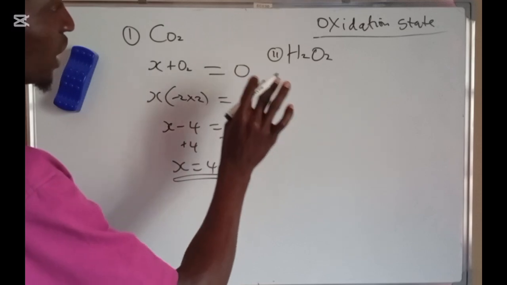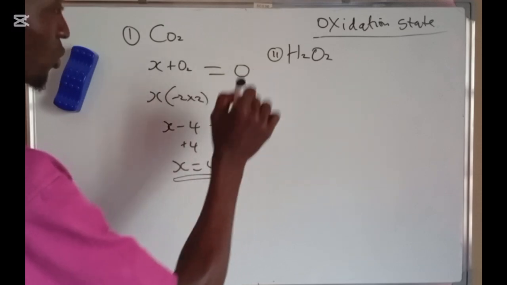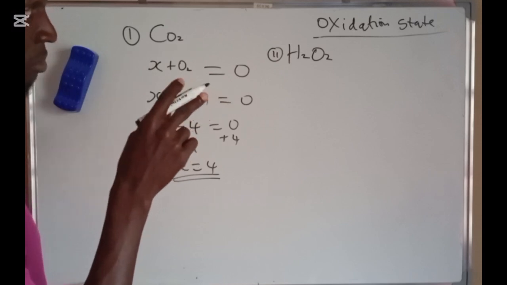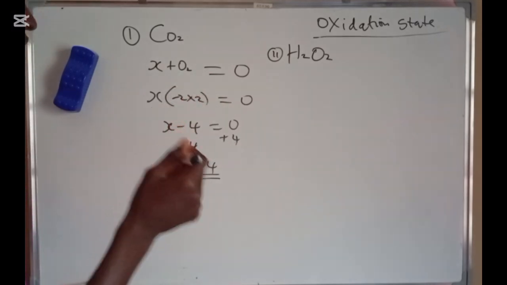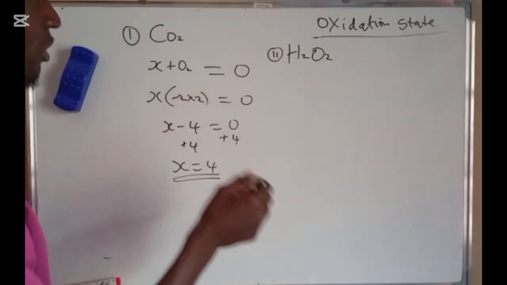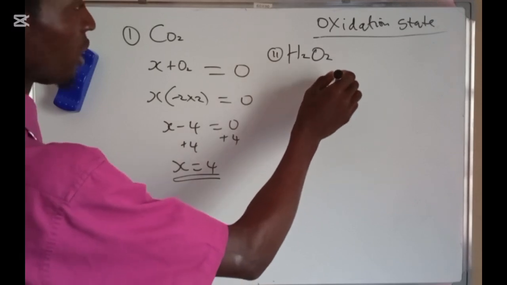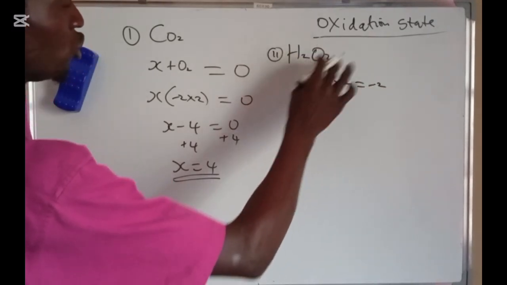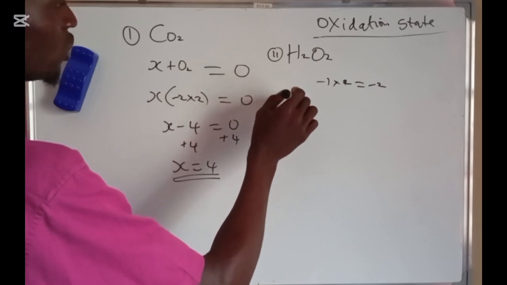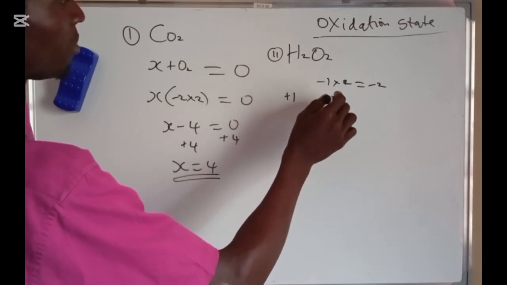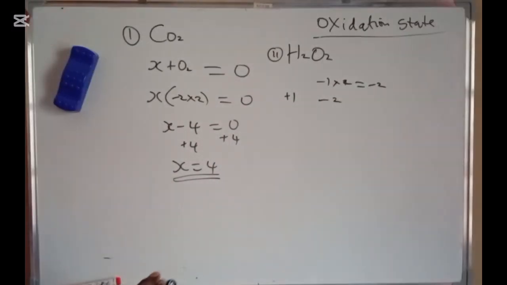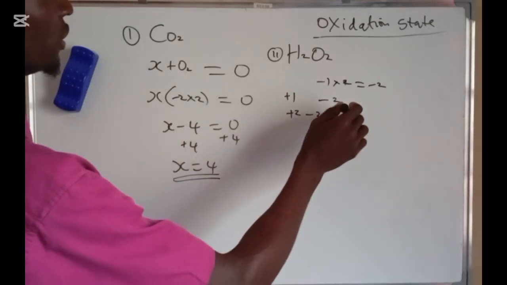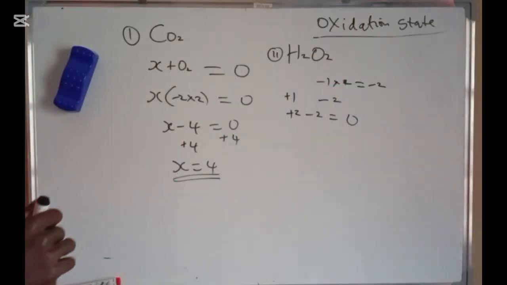We said hydrogen always has +1 except in hydrides, while oxygen always has -2 except in peroxide. So this is hydrogen peroxide. Definitely oxygen is -1 multiplied by 2, which equals -2 for the 2. That is +1 for each hydrogen, so +2, and then -2 for oxygen. So +2 minus 2 equals 0 because there is no charge on that molecule.